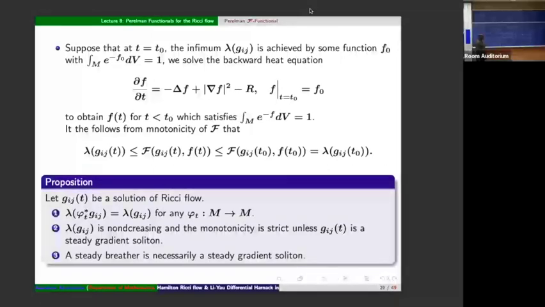The monotonicity is strict unless g_ij is a steady gradient soliton, and we can say that a steady breather is necessarily a steady gradient soliton. No other breather: any breather here is a steady gradient soliton. So we have ruled out any other breathers, leaving only the trivial ones, which are gradient solitons.